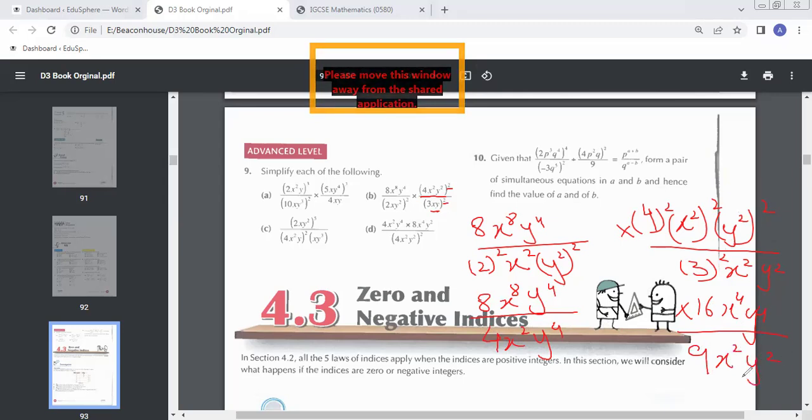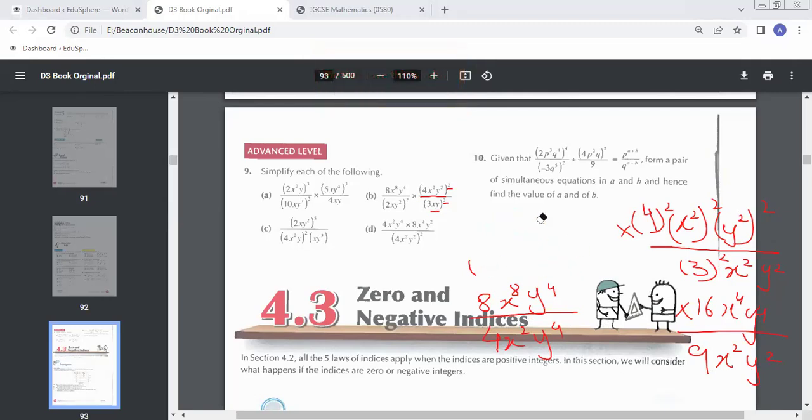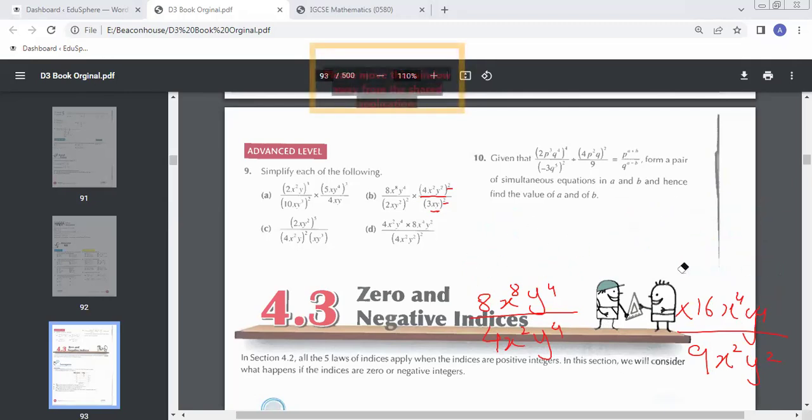So now I'm taking this step and erasing the top one, because now I need to further solve it.